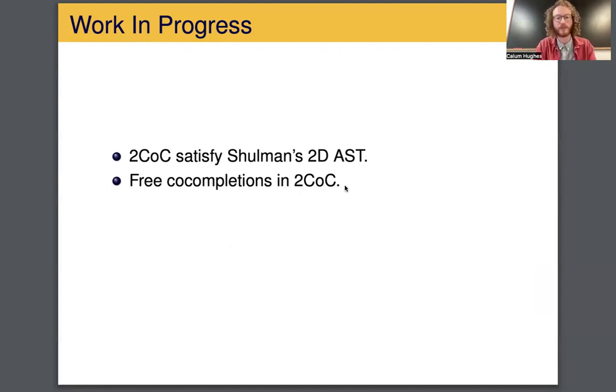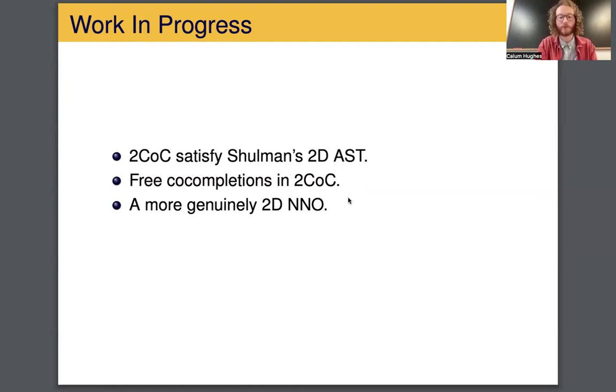I've got some ideas of how to do this under co-products, for example. And we conjecture that this might give a more genuinely two-dimensional version of a natural numbers object, which axiomatizes the category of finite sets rather than just being the discrete version of the natural numbers.